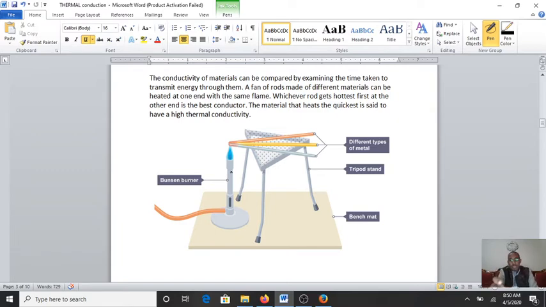So you expect that if maybe you attach small balls here using candle wax, the one that heats up faster at this right hand end, this side, will be the best thermal conductor. You see? So you could compare thermal conductivity by considering how fast the whole thing heats up. Okay.